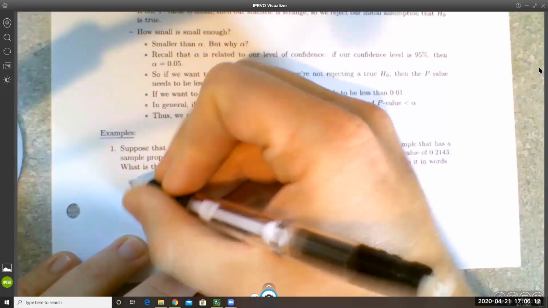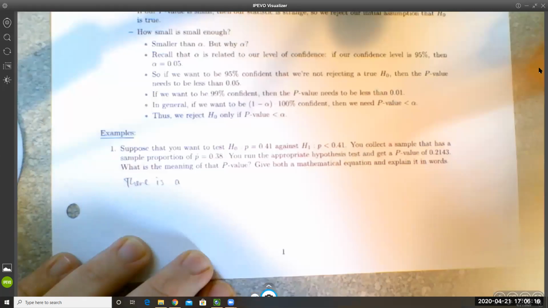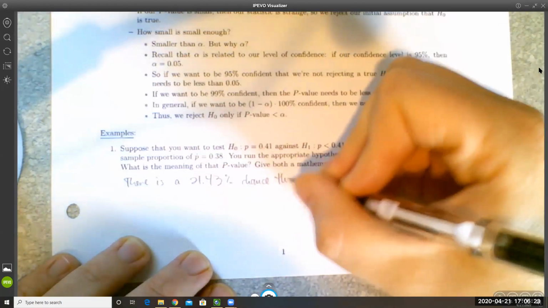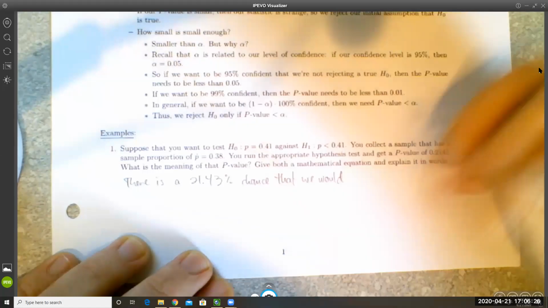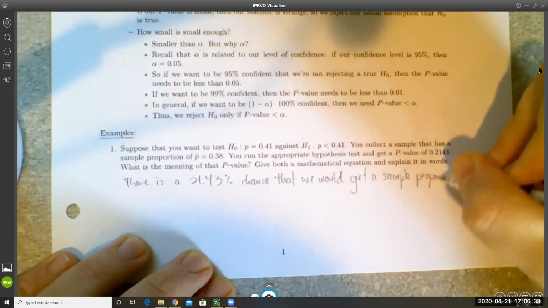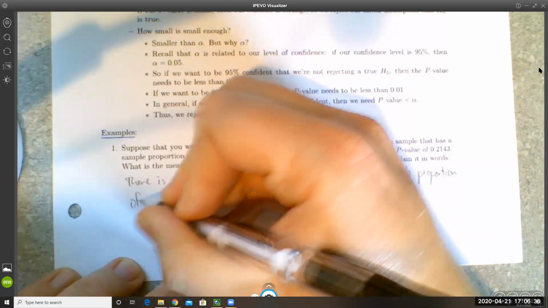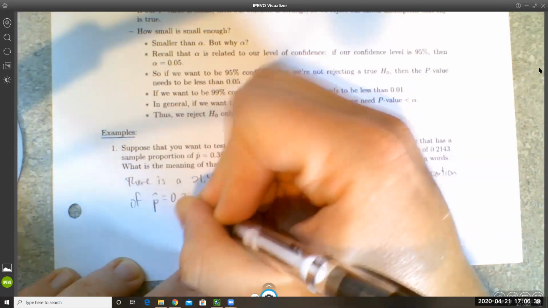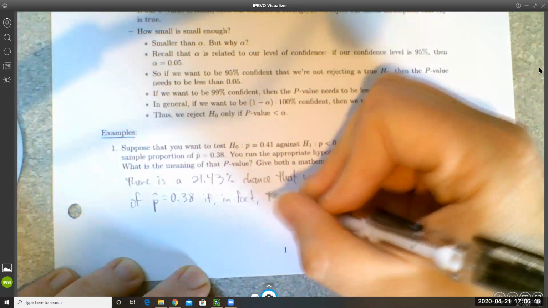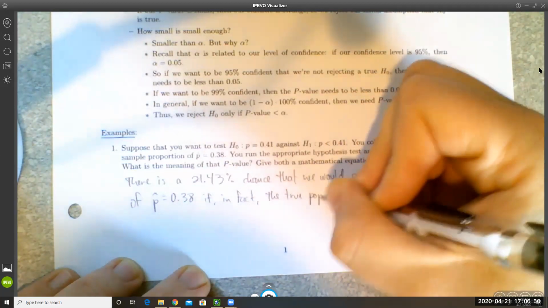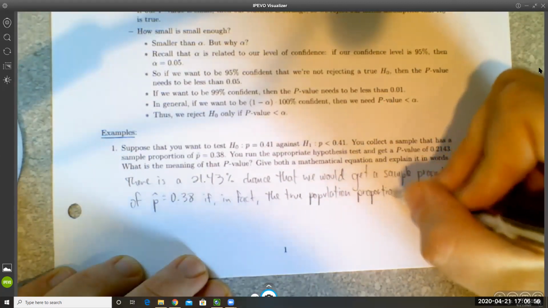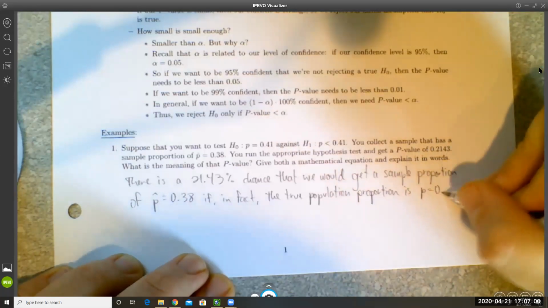I'm going to say there is a 21.43% chance that we would get a sample proportion of 0.38 if, in fact, the true population proportion is p equals 0.41.